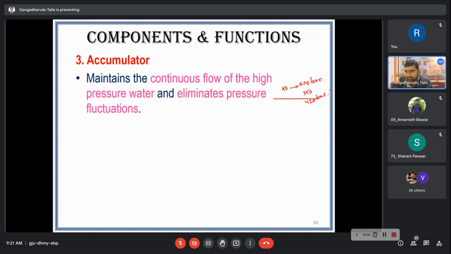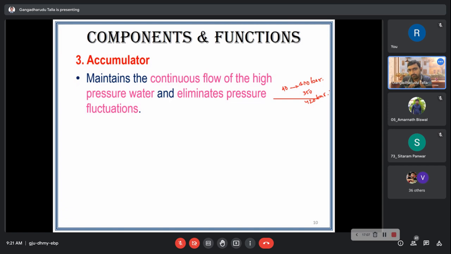So whatever intensified water is there, that is now going into the accumulator. Whatever water is available in the accumulator will have the same kind of pressure after going into it. Now there will be uniformity in the pressure that is supplied to the valve from the accumulator.